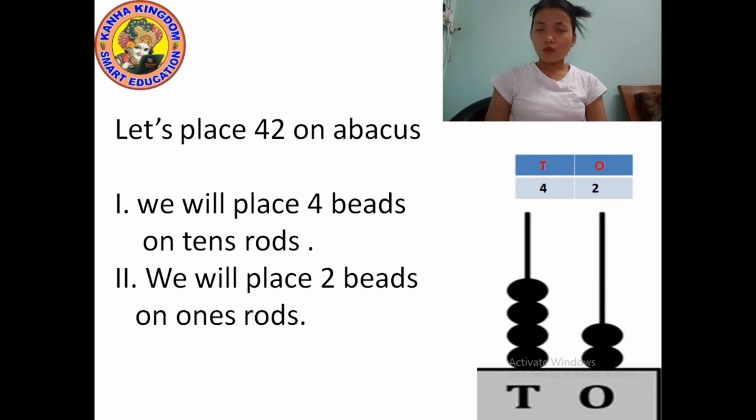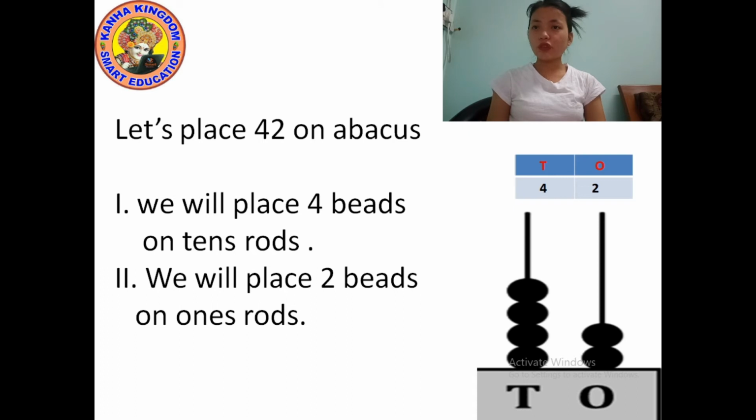The first step is to place 4 beads on the tens rod, which says that 4 is in the tens place. Secondly, we place 2 beads on the ones rod.